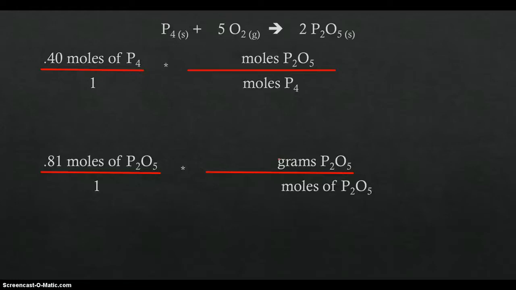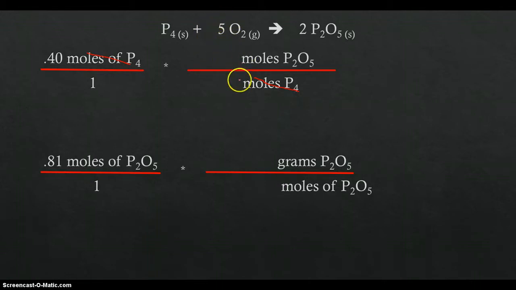I'm setting up my ratio here between the two. And so I put moles of the substance that I'm currently in on the bottom so that it cancels out here. And then I put the moles of the substance I want to be in up top in my fraction. And then the values, if you remember, the values that I put here are the coefficients.